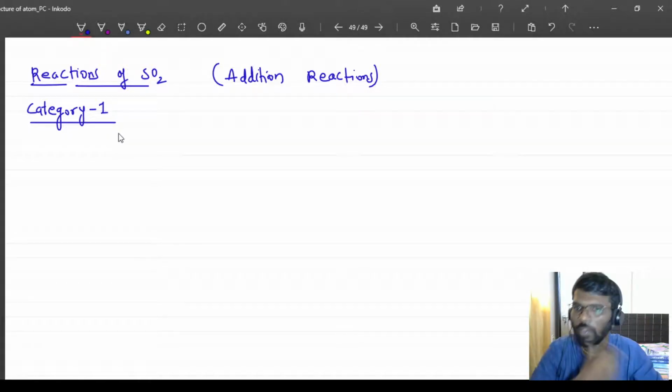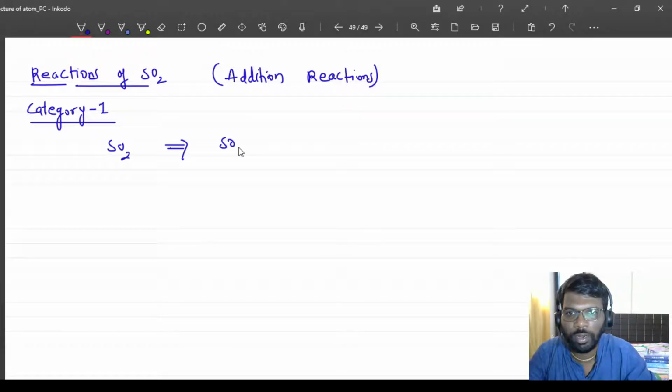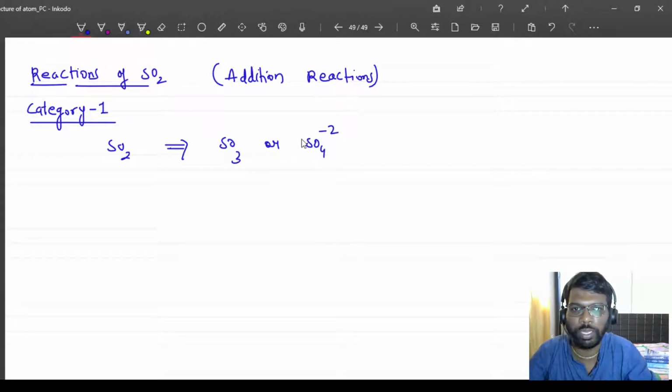Now, first of all, before learning this category of addition reactions, we will understand that sulfur dioxide could be easily converted to sulfur trioxide or sulfate. This minus 2 is the overall charge on the sulfate, not on the oxygen.